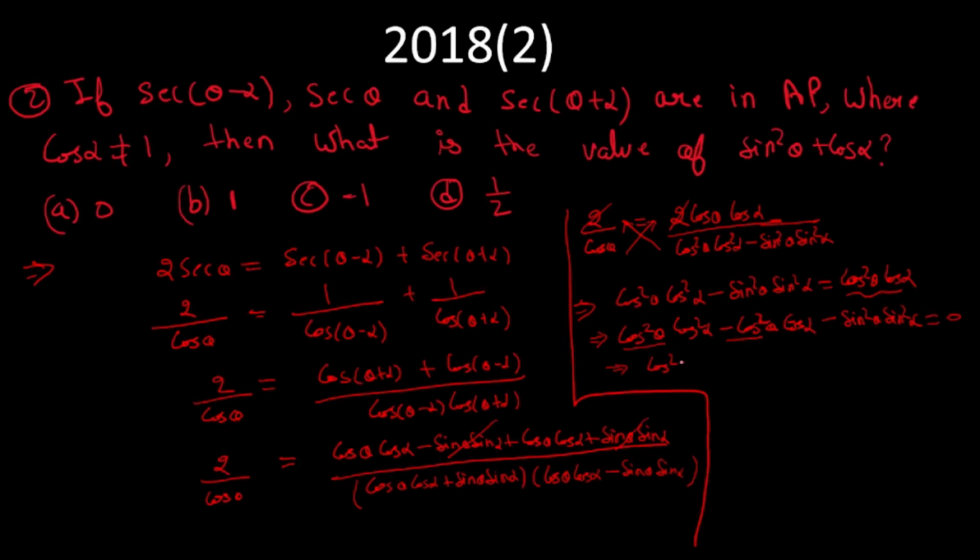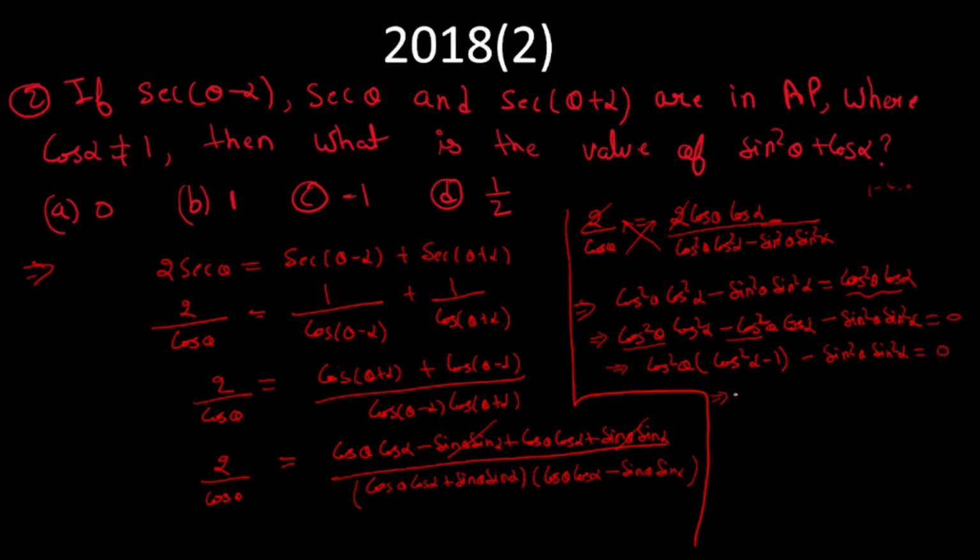So we get cos square alpha minus 1 and minus sin square theta sin square alpha equal to 0. When I take minus common from here, we get 1 minus cos square alpha.